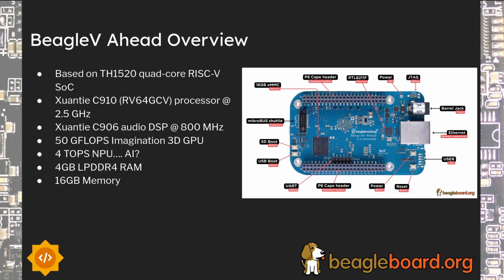Although I haven't tested the AI capabilities yet, they are still a work in progress in the upstream kernel, whereas the vendor libraries support YOLO version 5. And it has 4 GB of low power RAM and 16 gigs of eMMC storage.